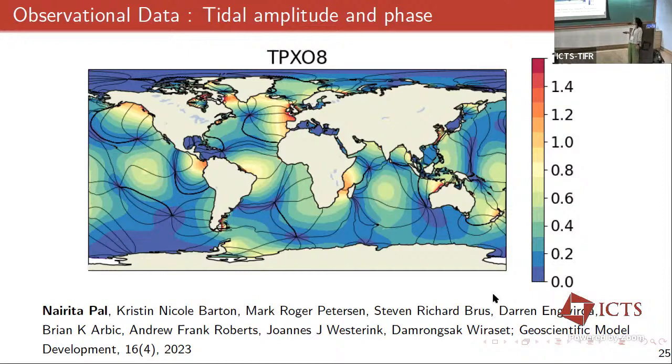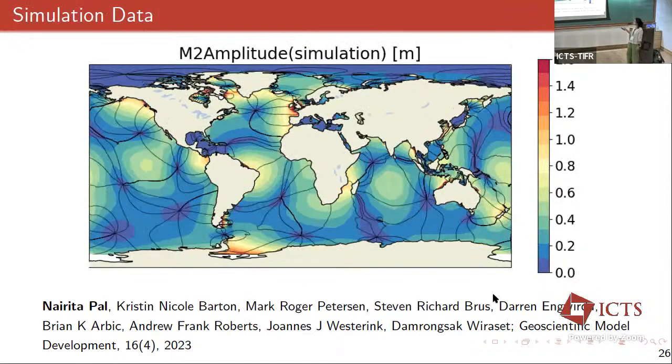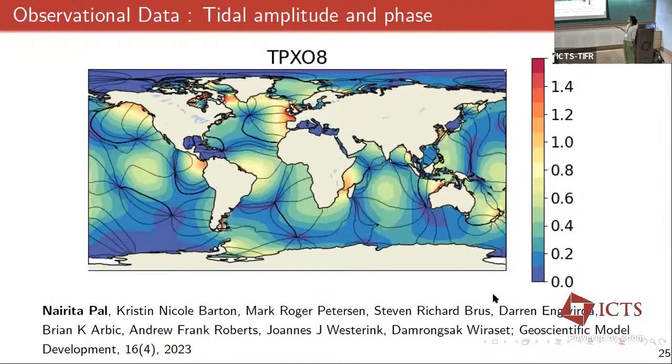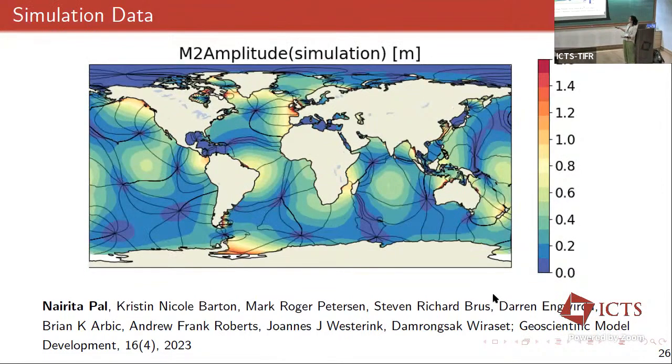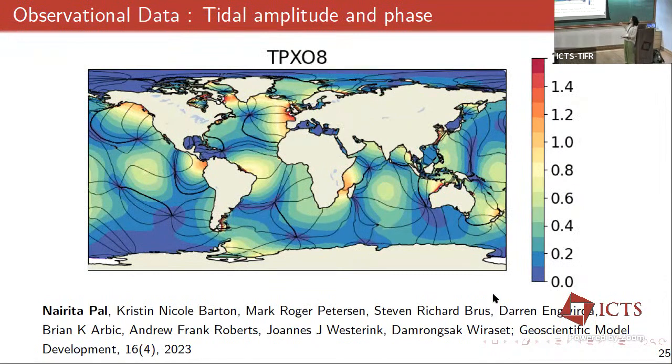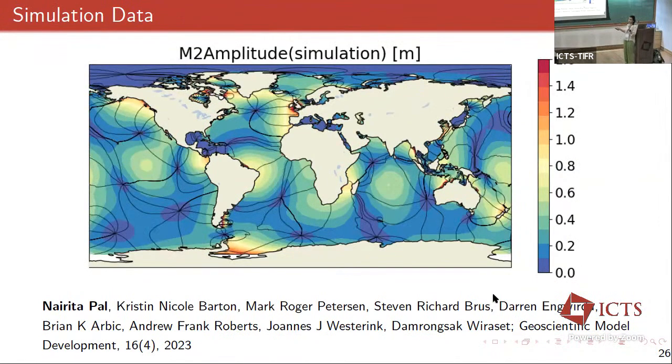So like this, you have a distribution of tidal amplitude and phase. Now our simulations are very close. They look like this, but from these two, you do not know if they are right or wrong. The values are roughly similar, but how do you check in more detail?